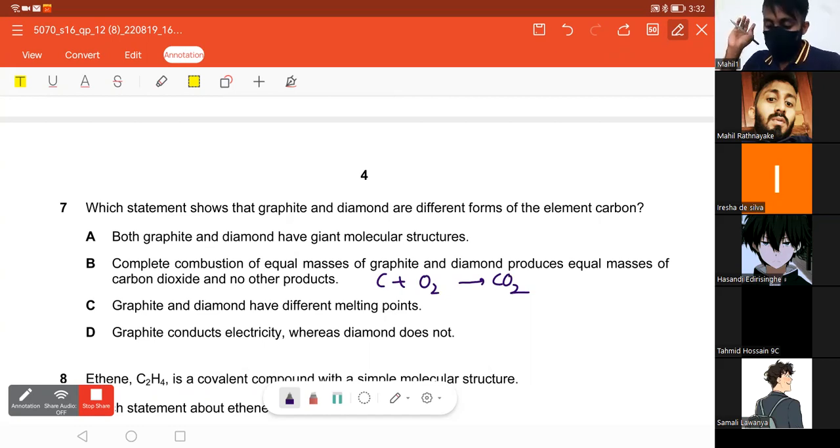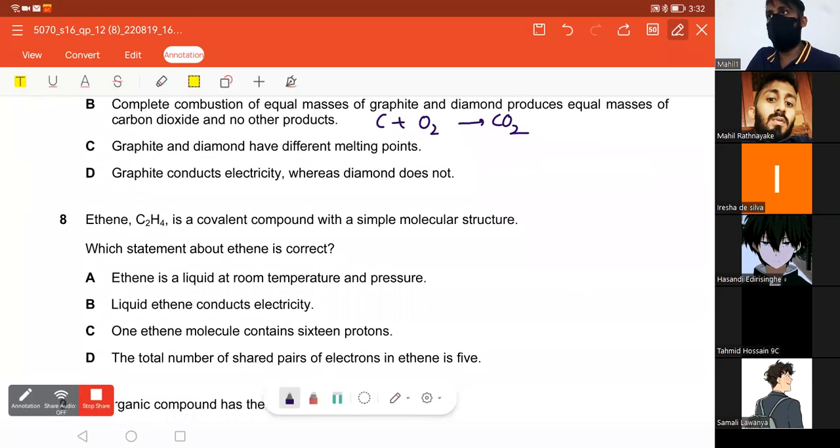Only the difference is the structure. C wrong. It would say so if they asked about giant molecular structure. Giant molecular substance. That answer B is correct.